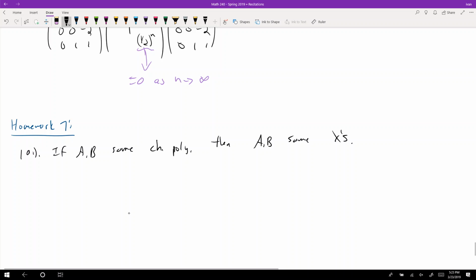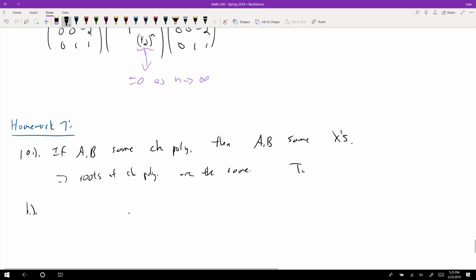True. Why is it true? Because how do we find eigenvalues? We find them from the roots of the characteristic polynomial. So if they have the same characteristic polynomial, they're going to have the same roots. That's true.